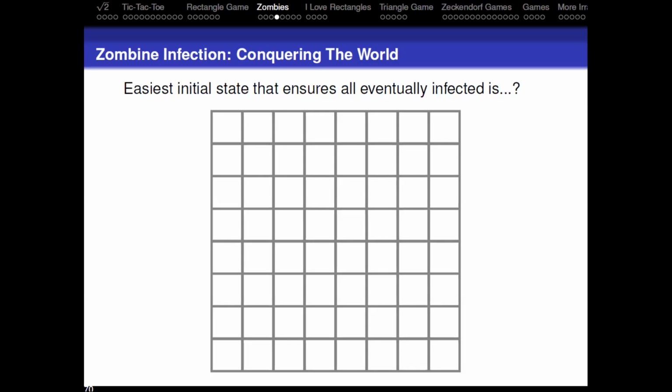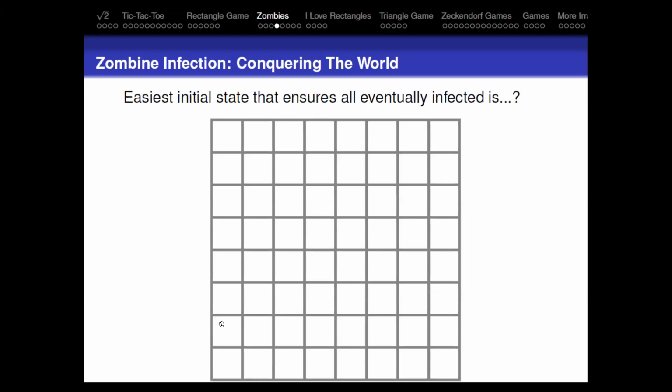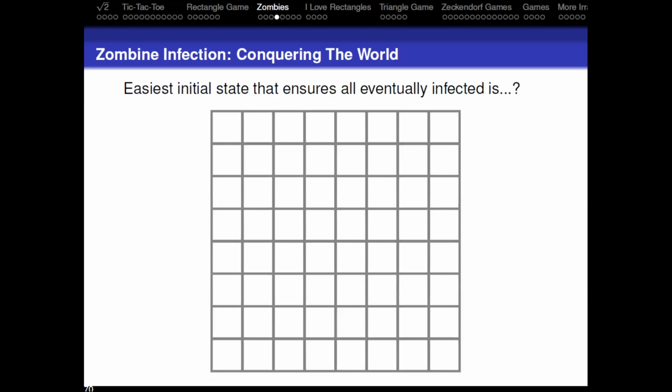Can you give me a simple pattern? It's okay if you have more cells infected than the minimum. Can you give me a set of infections that guarantees that everybody will be infected at some point?